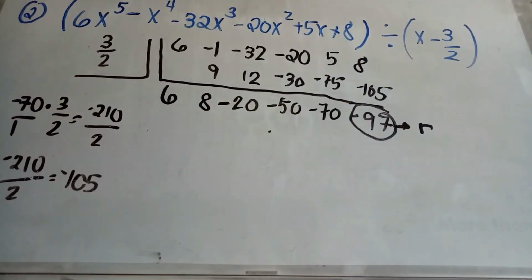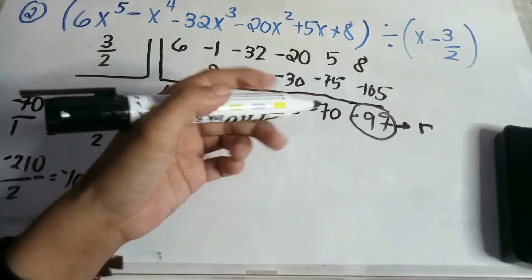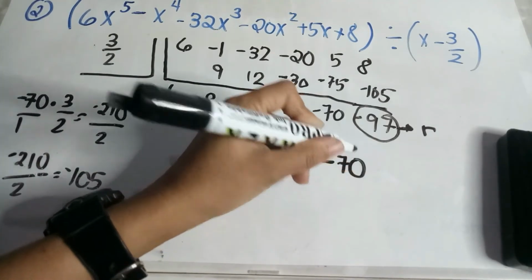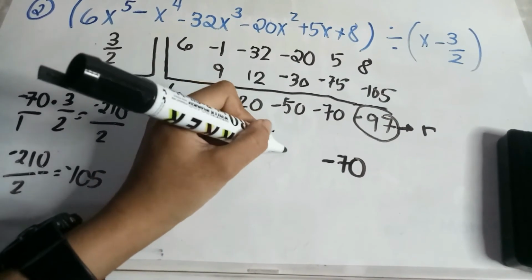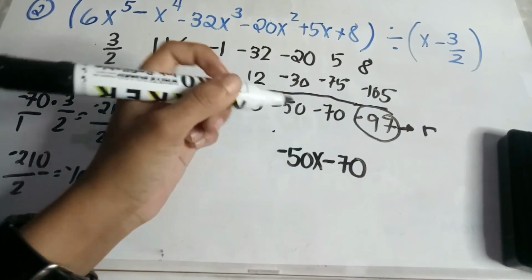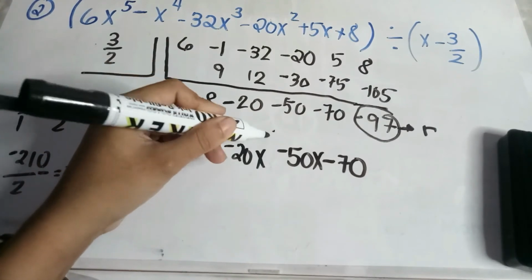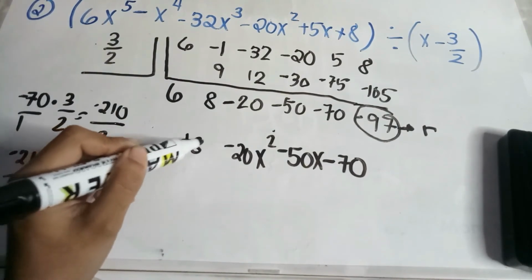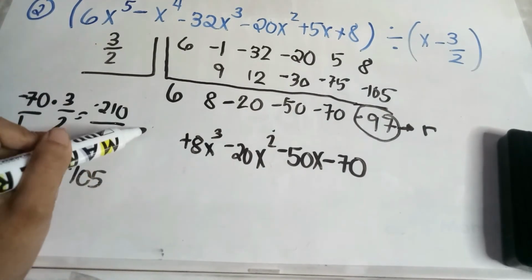Remainder. So let's write the polynomial expression. Let's start with a constant. We have negative 70, then negative 50x, then negative 20x squared, then positive 8x cubed, then 6x raised to 4.